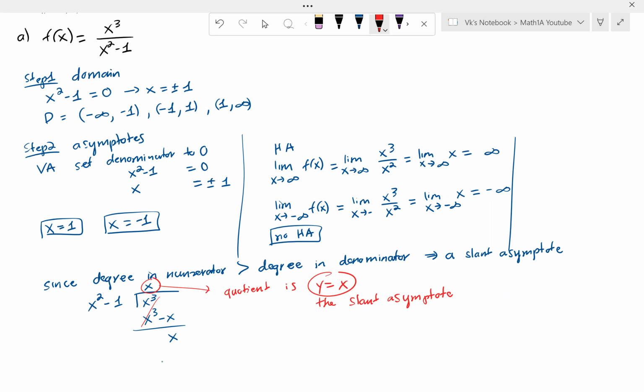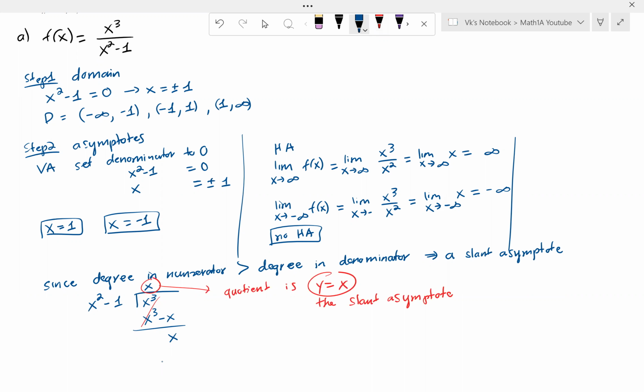So we have the asymptotes and the domain. Now, in order to sketch the function, we need to figure out where it is increasing and where it is decreasing, the local minimum, local maximum.